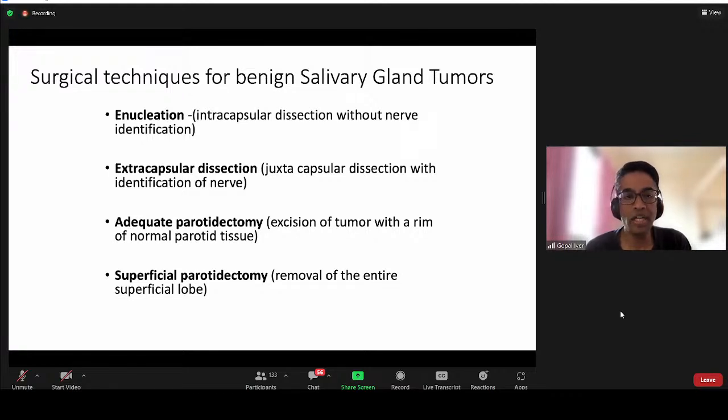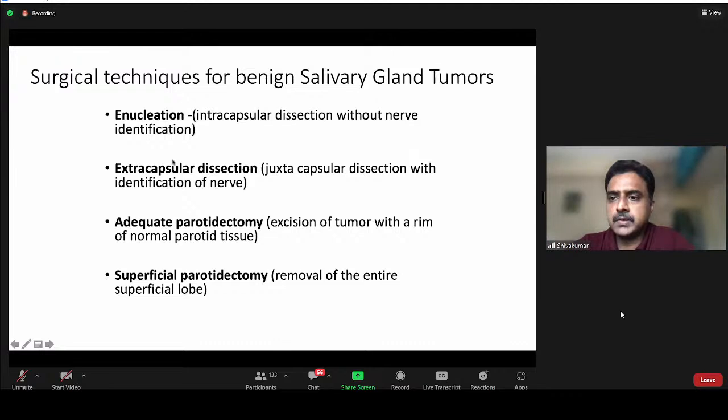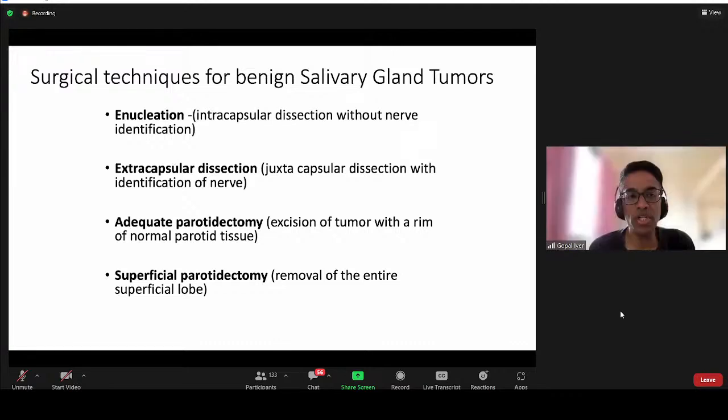So I think the term adequate parotidectomy is a broader term to ensure that you are always aware of where the tumor is, and you get a good margin around the tumor itself. There are only two situations where I do an enucleation. One is when there's definitely a parotid lipoma, and even then I'm very certain that I'm far away from the nerve, or it is in a very superficial space.